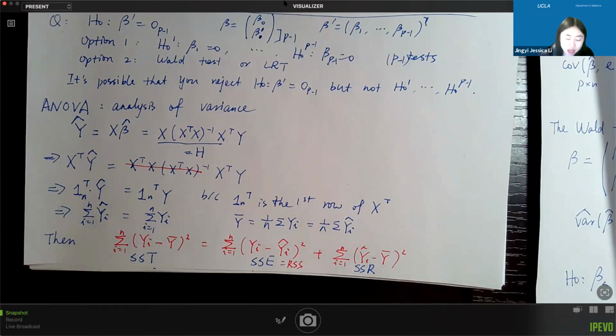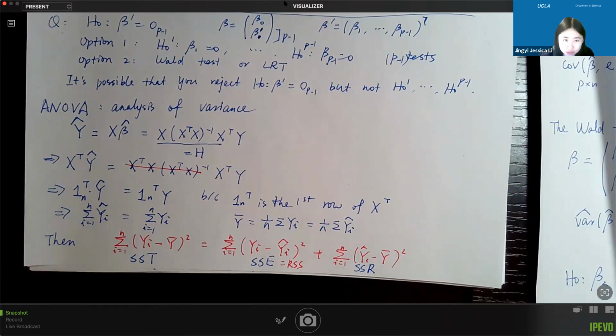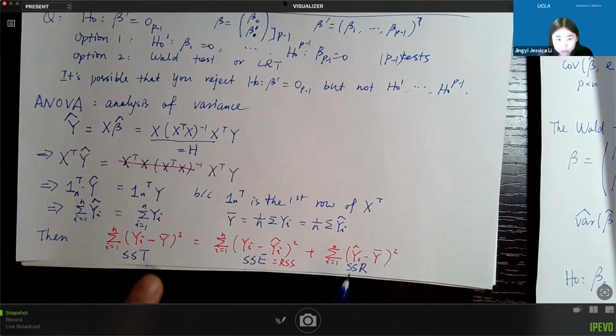You can consider ANOVA as a traditional, classic, or convenient way of doing a statistical test for the whole model: whether this regression model is doing anything better than an intercept-only model. That's the question to be answered by ANOVA. So ANOVA can be considered an alternative to the Wald test and the likelihood ratio test, but they are essentially about the same thing. Okay, so let's see.